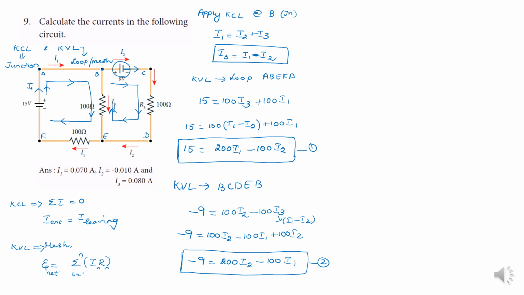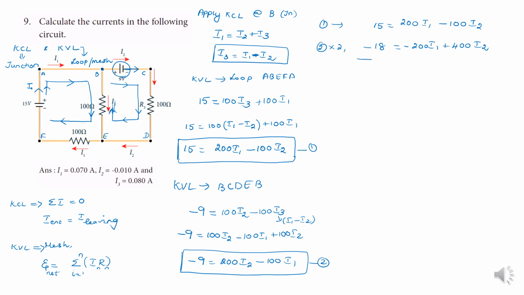Solve these two equations. Okay, so what we are going to do is write the first equation as such: 15 is equal to 200 I1 minus 100 I2. Multiply the second equation by 2. So minus 9 is minus 18. Minus 100 I1 is minus 200 I1, plus 200 I2 is plus 400 I2.